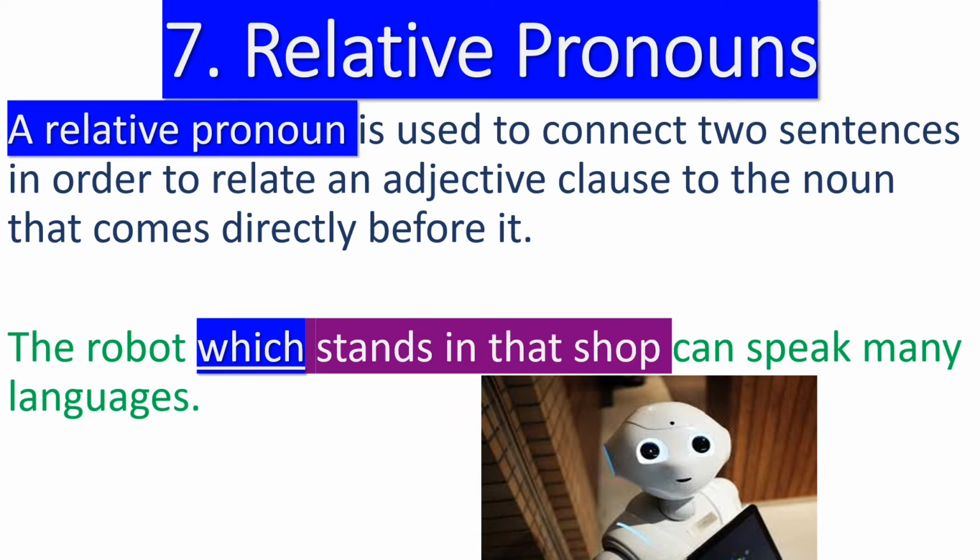Relative pronouns. They are used to connect two sentences in order to relate an adjective clause. It means a subject and a verb functioning as an adjective to the noun that comes directly before. The robot which stands in that shop can speak many languages. Which stands in that shop relates to the robot.